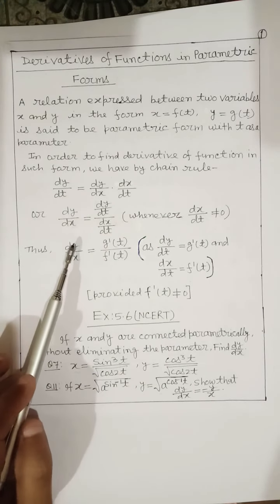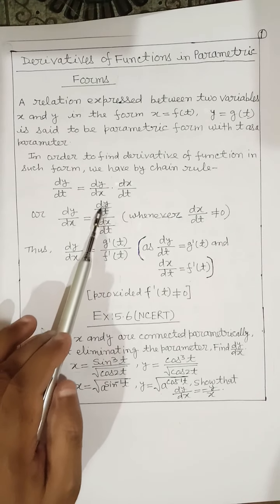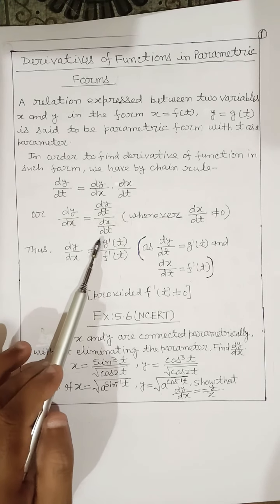So by chain rule we have dy/dx = (dy/dt)/(dx/dt).